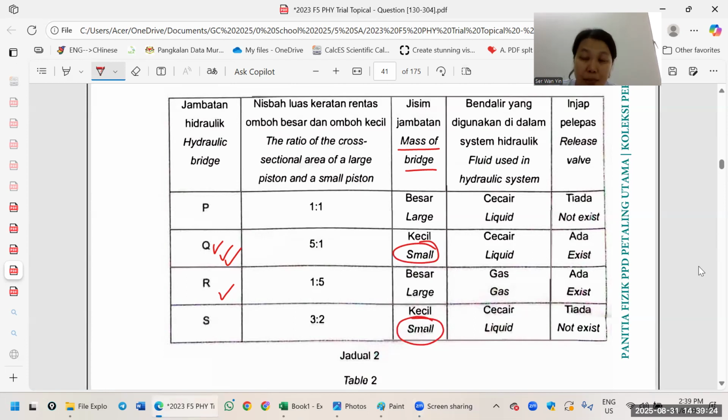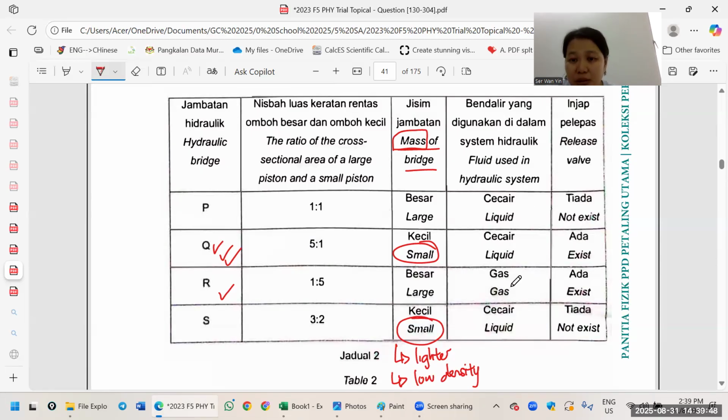You want to lift up something lighter. So small mass, we say lighter. Please write more than one reason: lighter or low density. These three are packaged together.